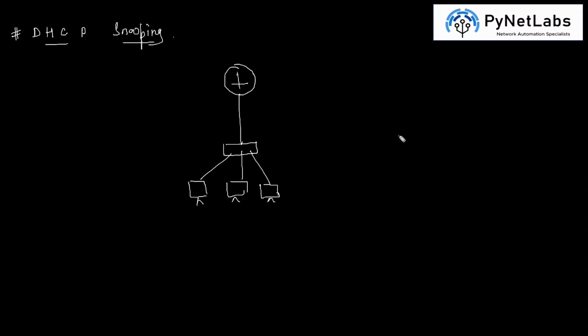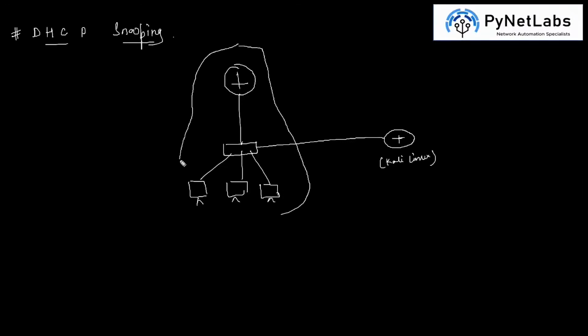Now we have another router here. Now this is a Kali Linux device. Some attacker is using Kali Linux in order to try getting some information from this network which was there. This was the safe network, but this attacker connected to this network on the switch in order to get some information.